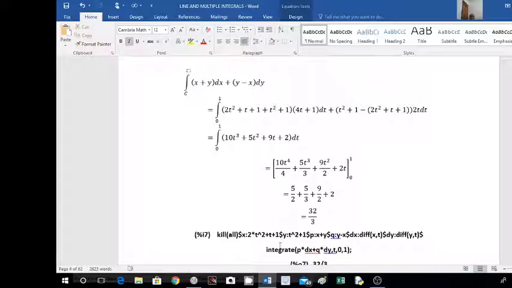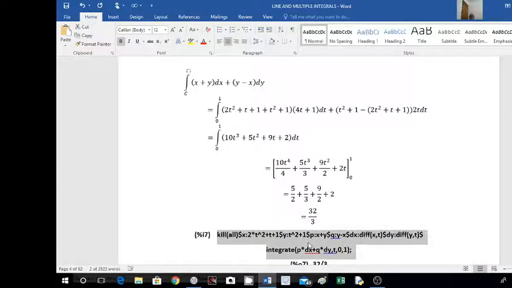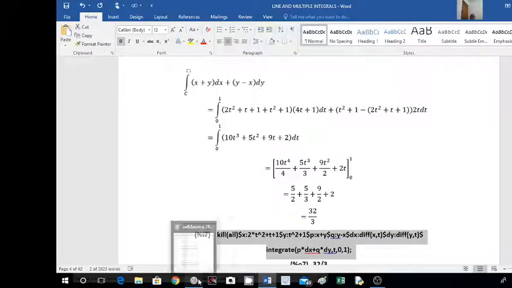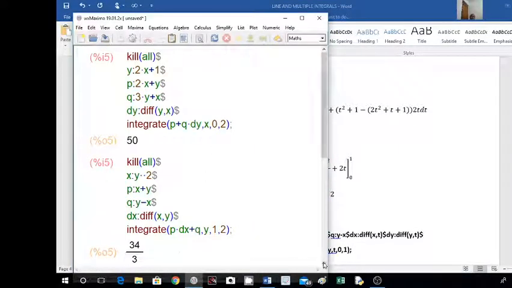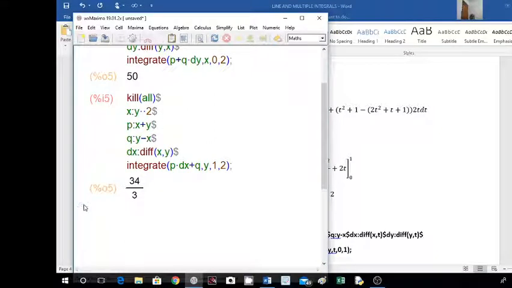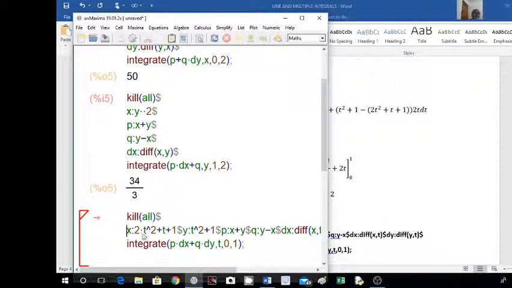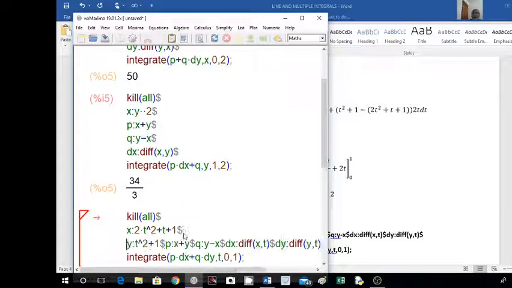Now I will verify this in Maxima. I will copy and paste here. Write x equals 2t squared plus t plus 1, and y equals t squared plus 1.